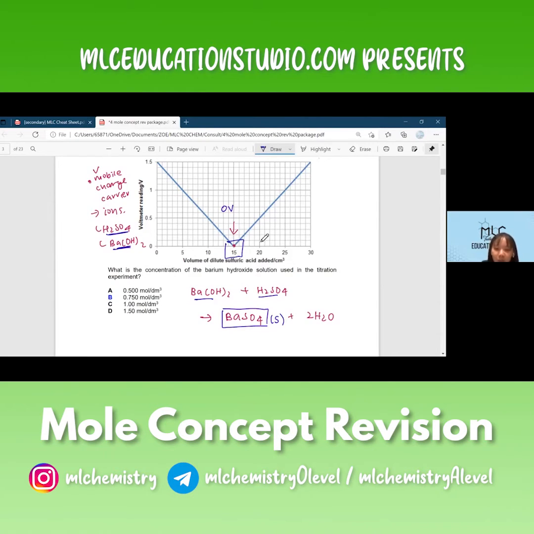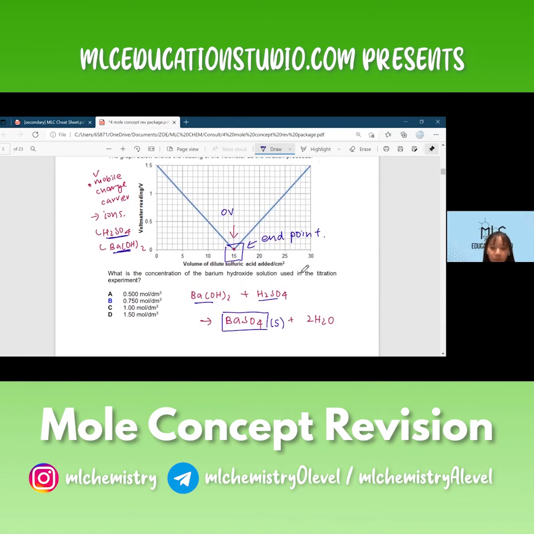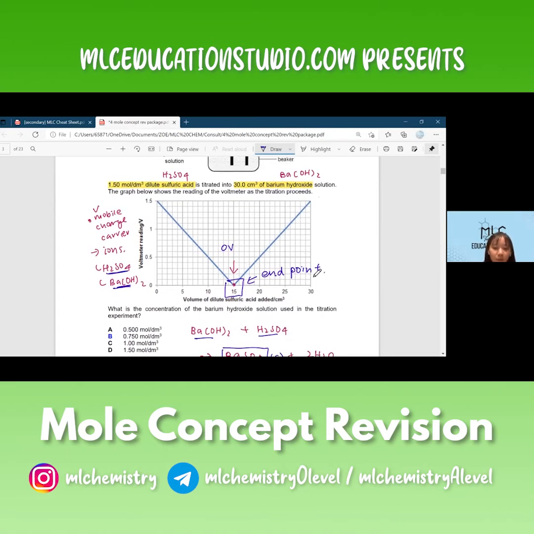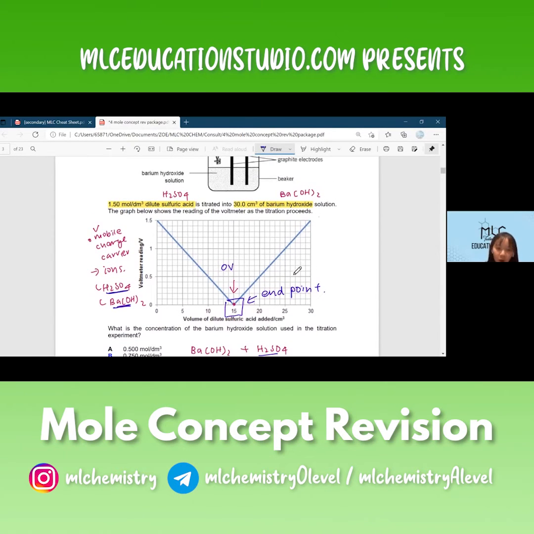And this one, you can determine that this will be your endpoint. Okay, this will be your endpoint. 15 cm cube is where the neutralization occurs. So you have the concentration and the volume is 15 cm cube.